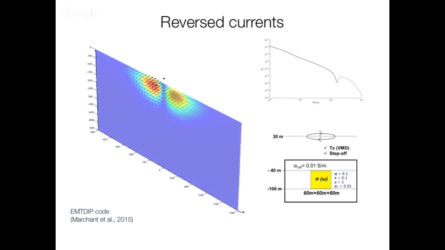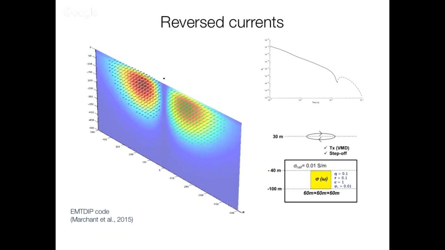So when the current is stepped up, this is what we saw yesterday. We get the currents and they're moving through. You can see they're kind of circular currents going in and out of the block. Those currents are going in the same direction as the primary current in the transmitter.